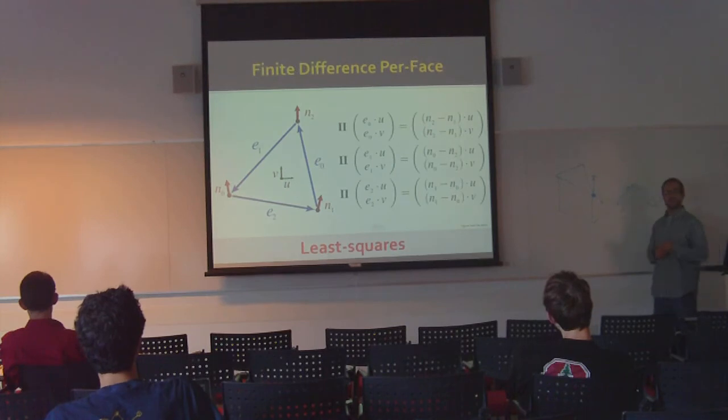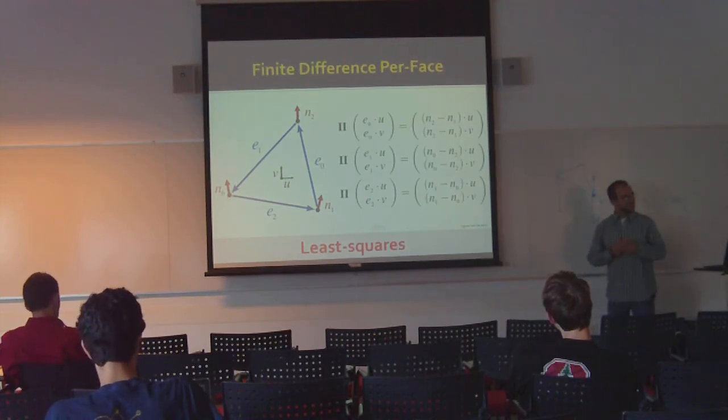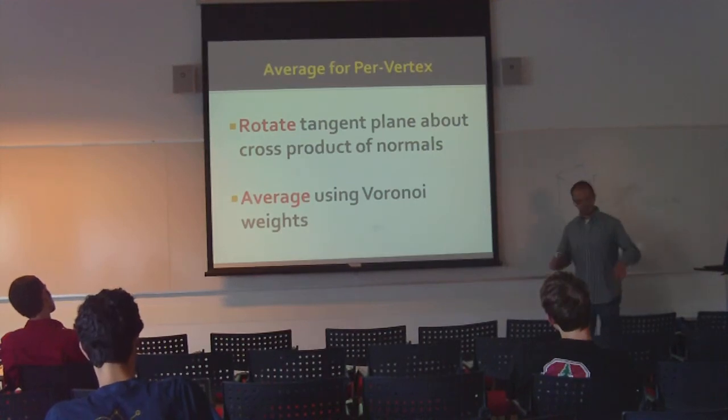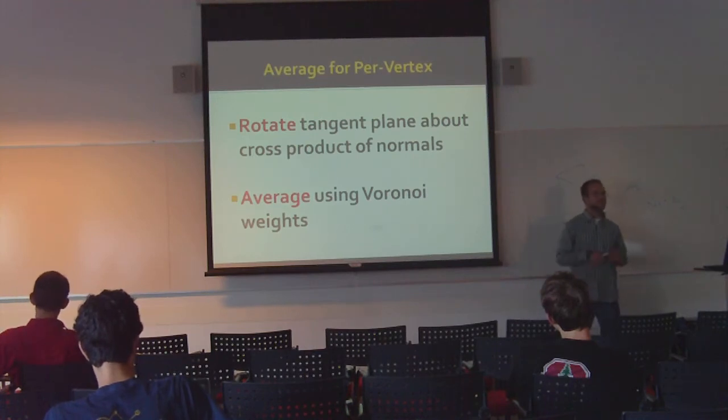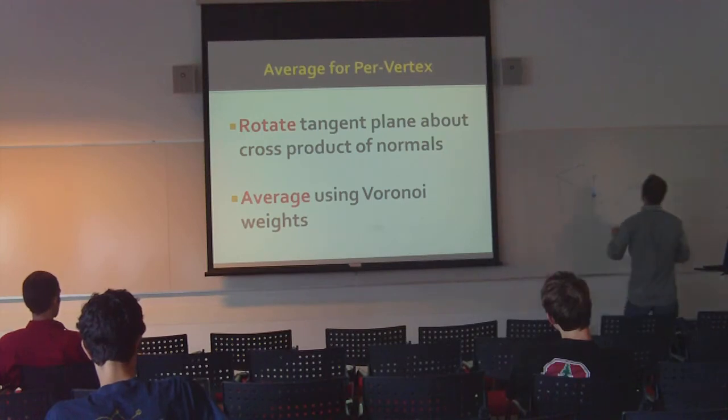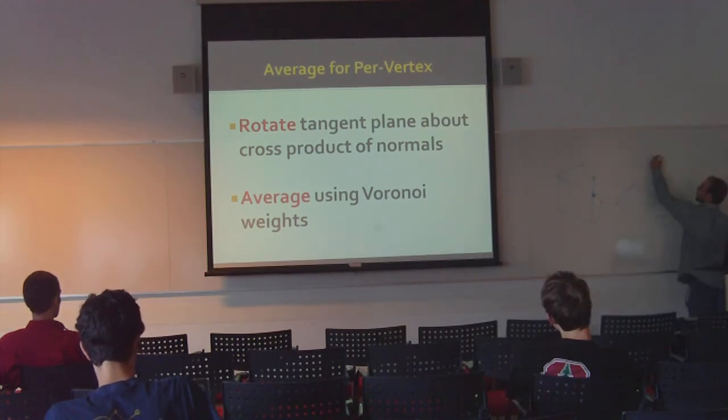Now in reality, does curvature on a triangle face really make sense? No, so here's the next engineering decision they have to make, which is how do you move these funny second fundamental forms from the faces of my triangle mesh to the vertices. And the way that they decide to do that is they say, okay, well each vertex of my triangle, here's a triangle, and he has some normal, and the face has some normal, right?